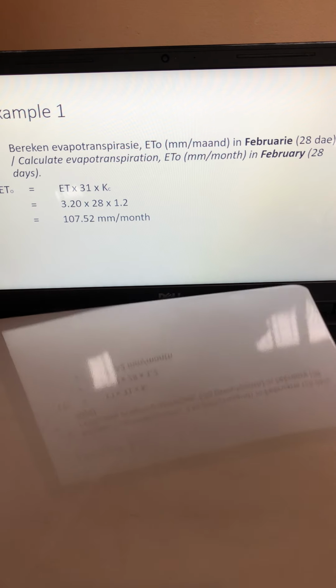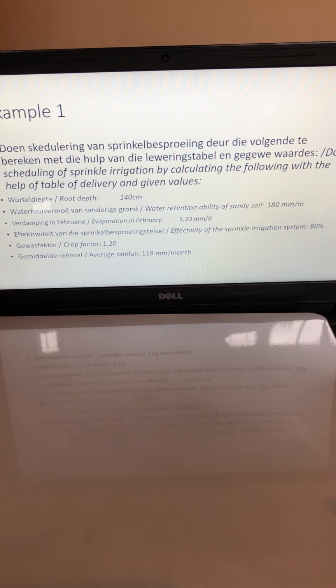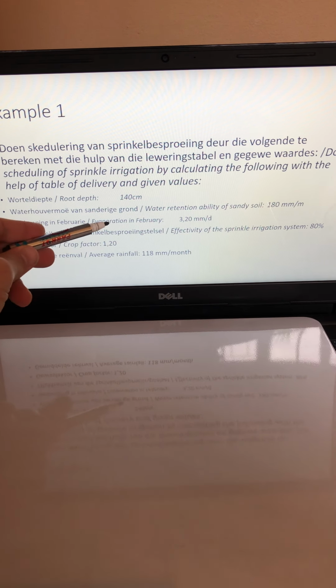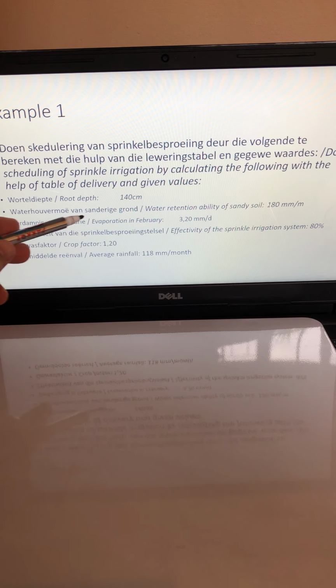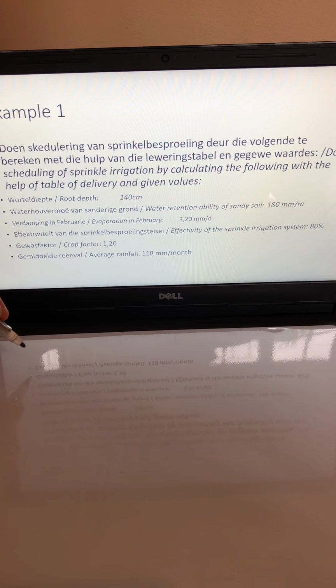So if you go back to the beginning, it says that the evaporation in February was 3,2 millimeters per day, out of the Class A pan.